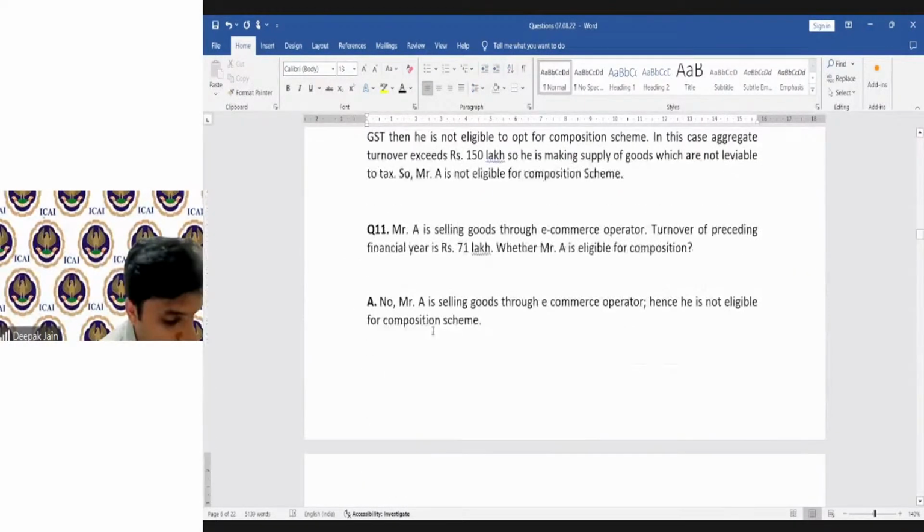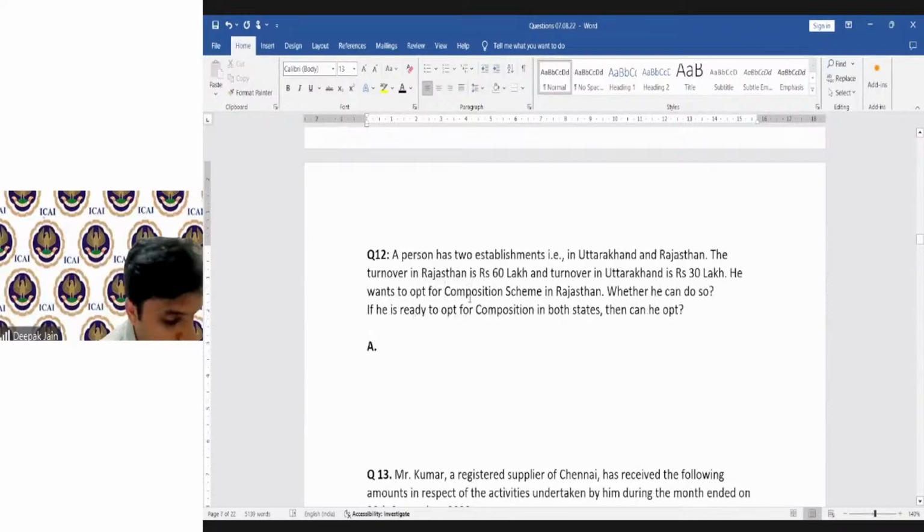Okay. 12th question. I think this could be the last question for the day. A person has two establishments, one in Uttarakhand and one in Rajasthan. The turnover in Rajasthan is 60 lakhs and turnover in Uttarakhand is 30 lakhs. He wants to opt for the composition scheme only in Rajasthan. Whether he can do so.